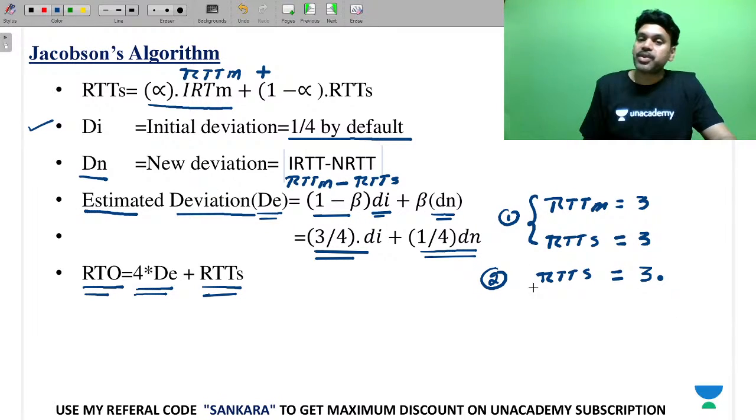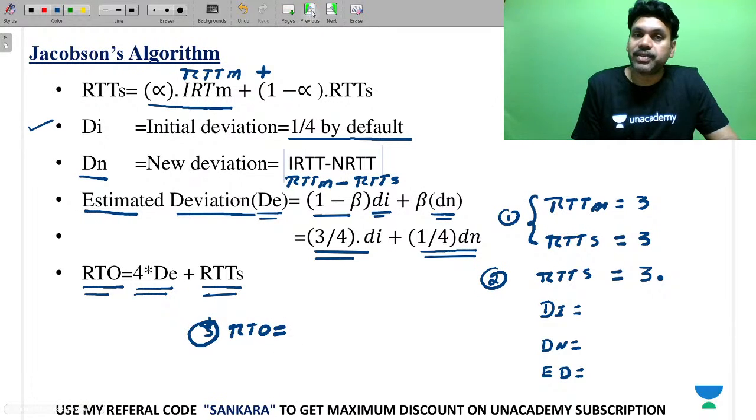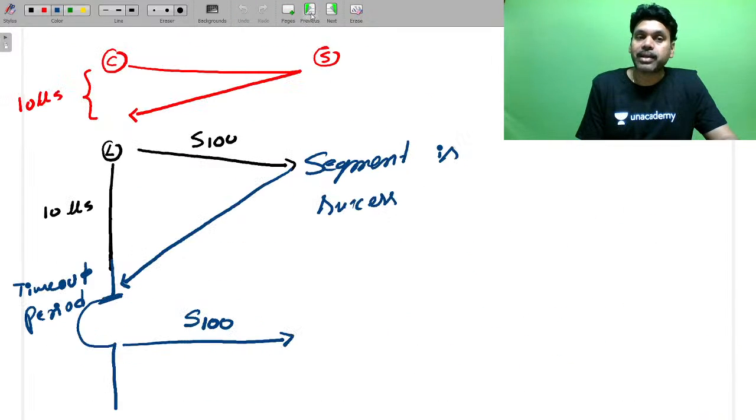Now we also want to calculate your deviation. So what is your initial deviation? What is your new deviation? What is your estimated deviation? Then what is your RTO value? Finally, we want to compute the RTO value only. So what is the initial deviation?